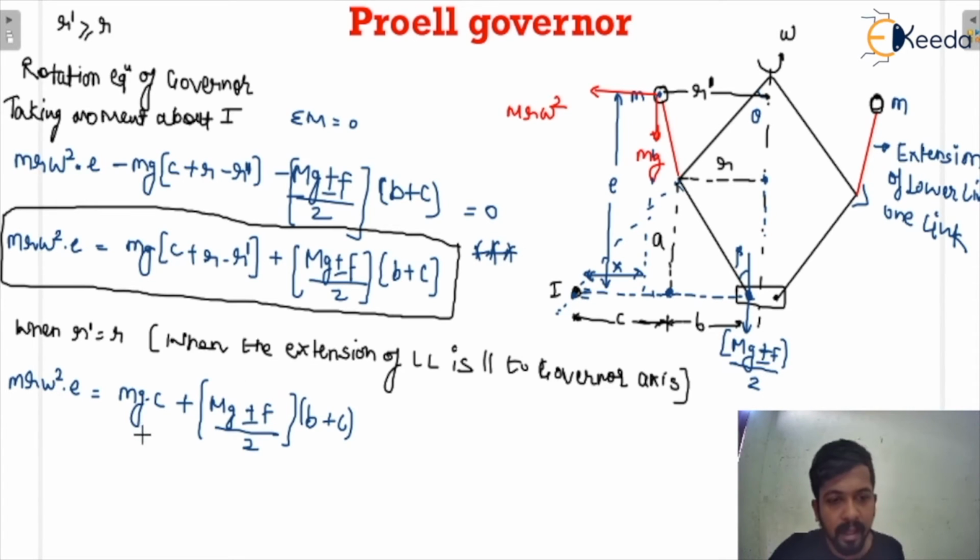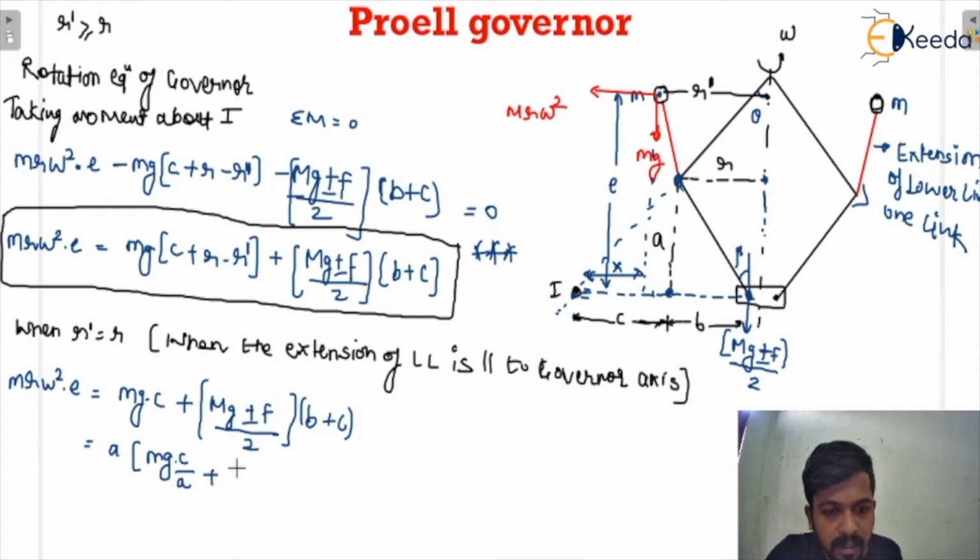Now see here, I'm just multiplying with a. This is the distance, you can see here, this is a. What we will get when you multiply and divide the whole equation with a. This is multiplied and we are dividing with a, and a will go into the bracket.